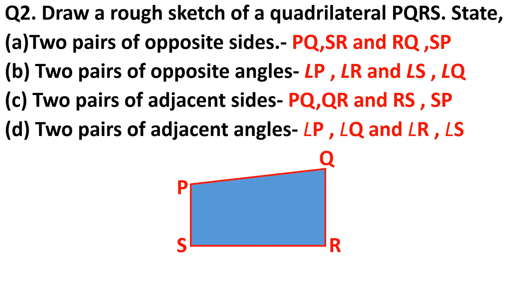This is one pair. RS and SP. This is the other pair. Two pairs of adjacent angles: angle P, angle Q, and angle R, angle S. Clear? Thank you.